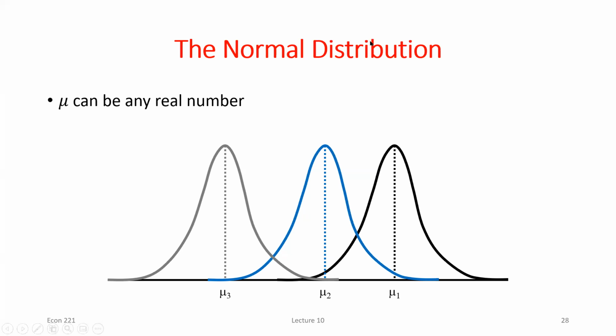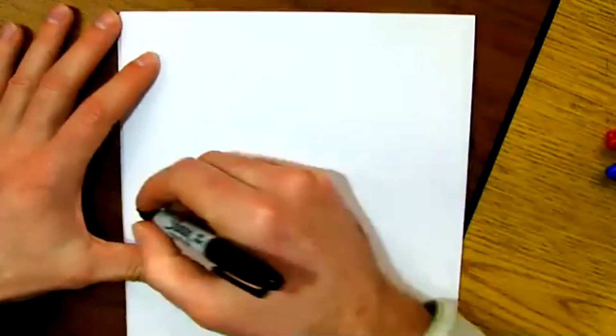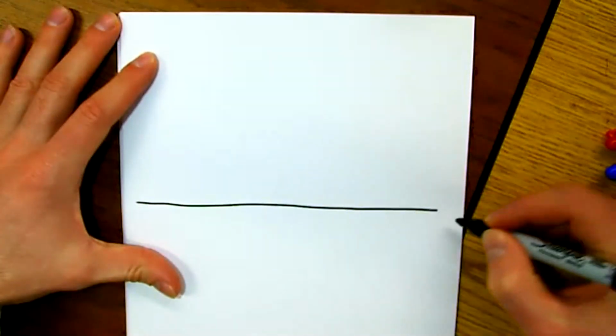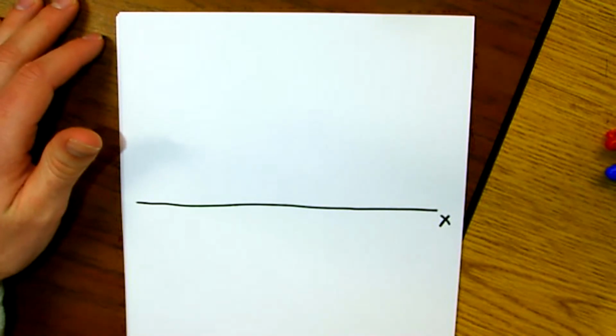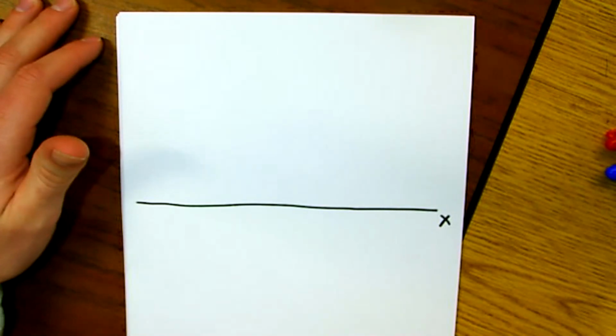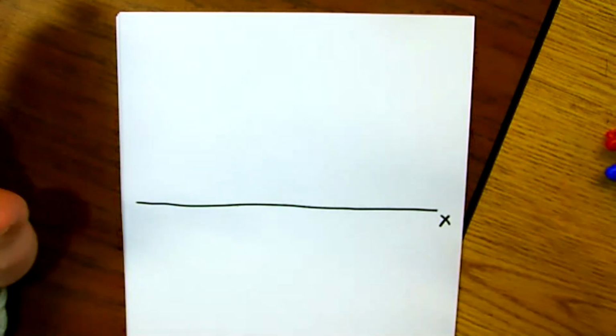The variance is a little bit different, so I'll try to give you an idea visually of what's going on with that. There we go. Let's say I'm looking at this variable x, and this could be rainfall in different months.